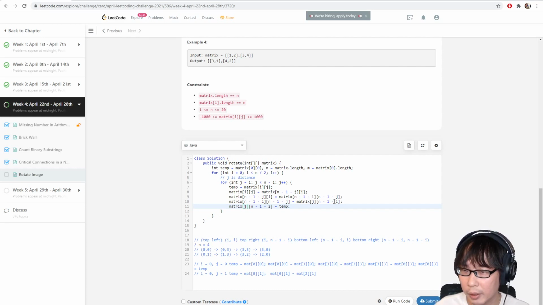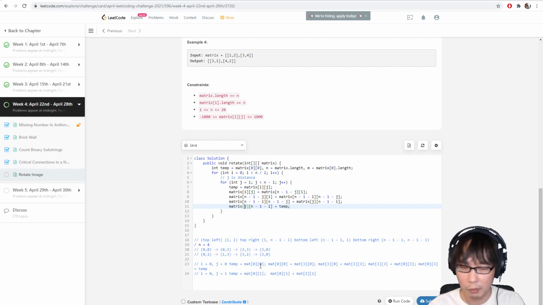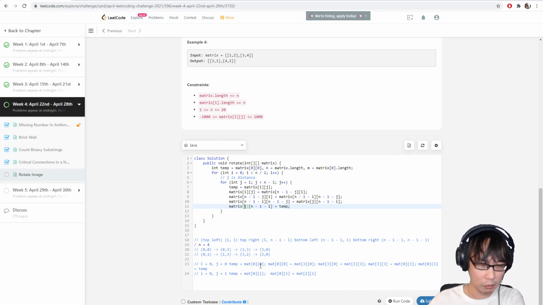Okay, let's do the math again. So if I and J are both 0, so the temp will be matrix 0, 0, and then matrix 0, 0. Okay, my cat is doing something again. What are you trying to do? Okay, you can sleep here. I have a LeetCode to solve. Sleep here.